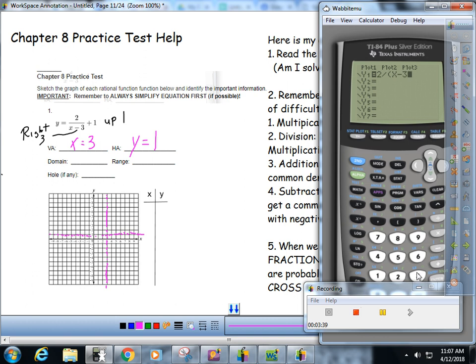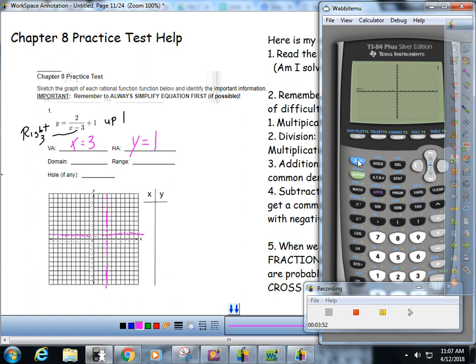Now maybe you want to use your fraction button on your calculator if you have that, which would be great. And then plus 1. Enter. Let's graph it. As you can see, our asymptotes were correct. We've gone up 1 and we've gone right 3.